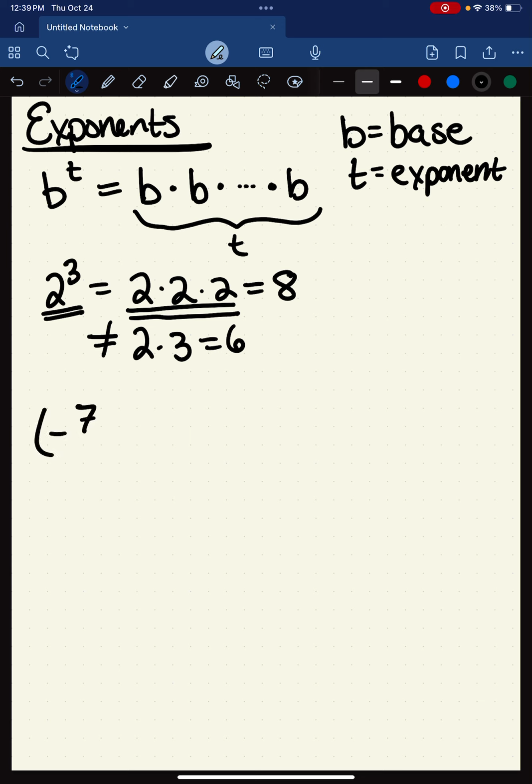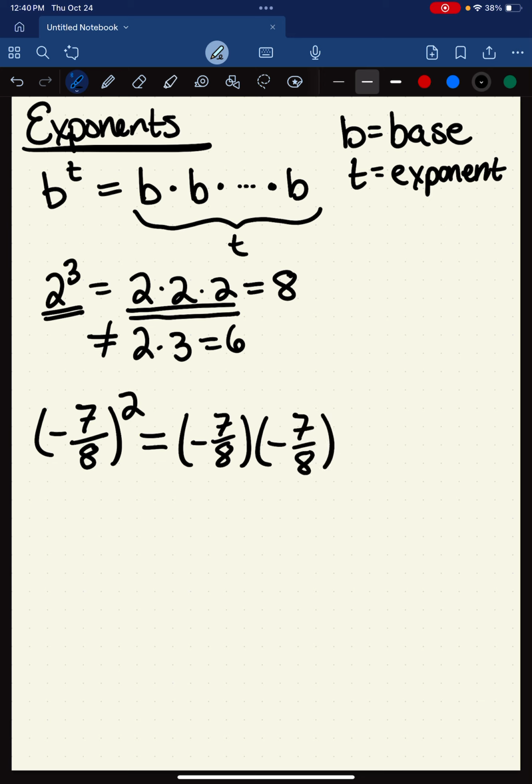And so we can go ahead and work another example. Negatives are going to be maybe the most tricky in this case. We're going to do negative 7/8 squared. So remember, we're going to write out negative 7/8 times negative 7/8. We have a negative times a negative.